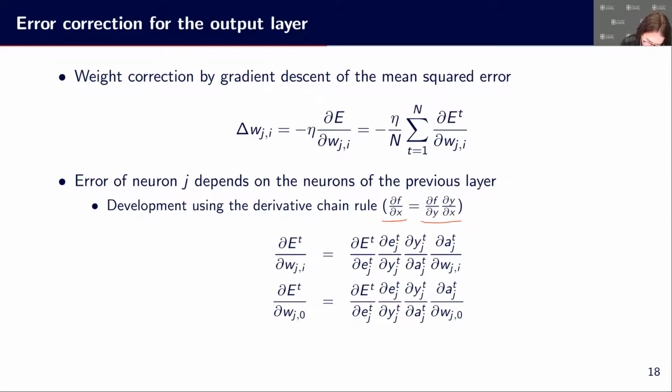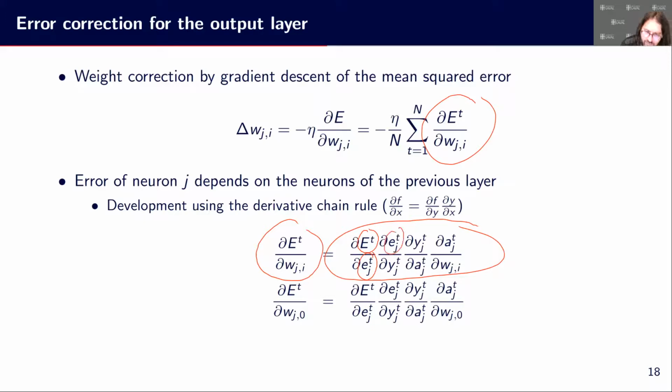So we have our partial derivative here, that is the partial derivative of the error for sample t according to the weight w_ji, which is the weight that we want to update. And that is developed as this. We look at the partial derivative of the squared error for that sample versus the absolute difference between the desired output and the obtained output, the small e_j^t.